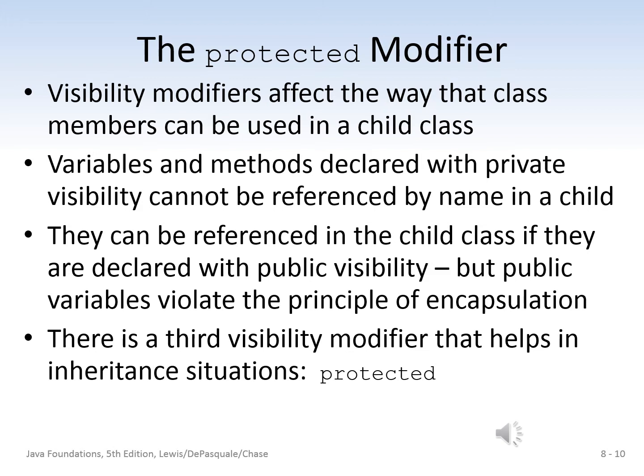They can be referenced in the child class if they were declared with public visibility, but public variables violate the principle of encapsulation. So there's a third visibility modifier that helps in inheritance situations, which is protected. And as I mentioned, the protected modifier allows variables to be accessed by name in child classes and also in classes that are in the same package.